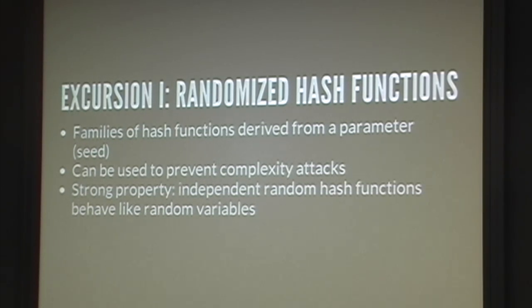There are certain families that are so-called independent random hash functions, and that basically means I can use them like random variables from statistics and apply all the knowledge from statistics to them.